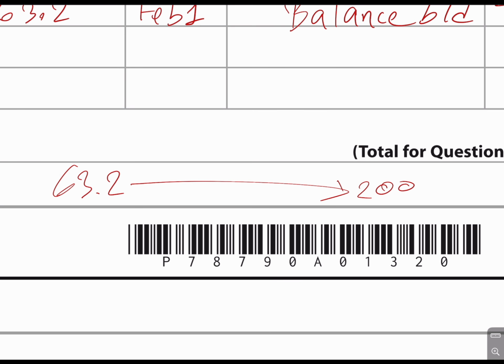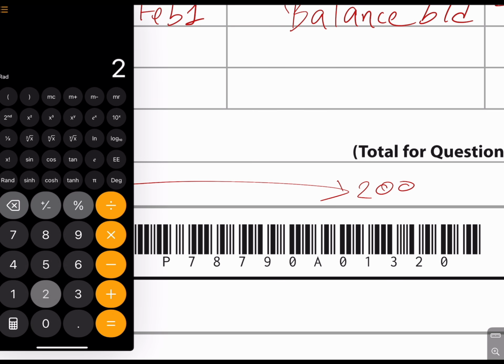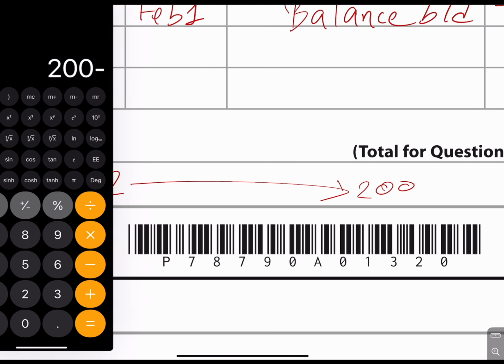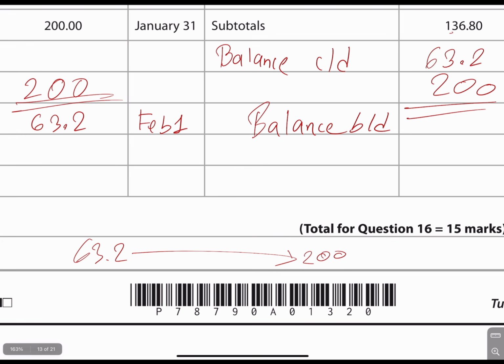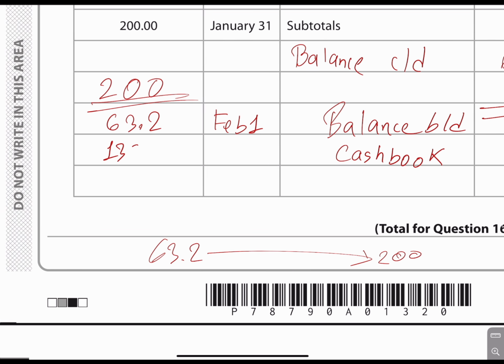So how much do I need to add? Basically the difference is 200 minus 63.2. So I have to add 136.8. So this is the amount that needs to be added. Cash book 136.8. So that's how you restore that.